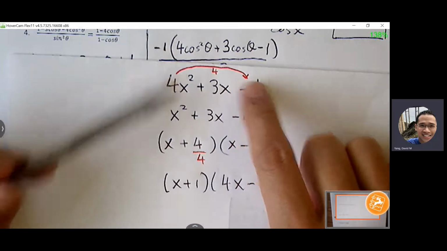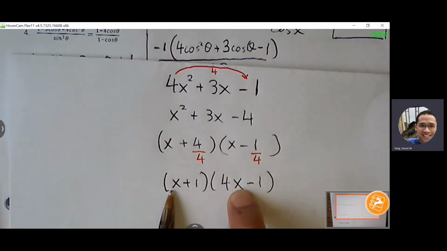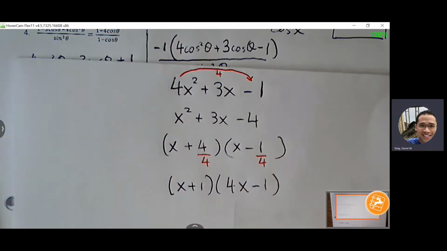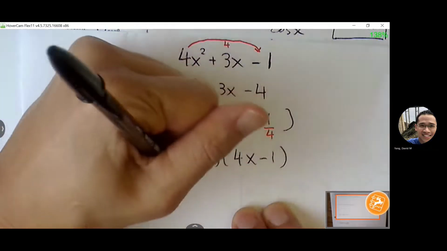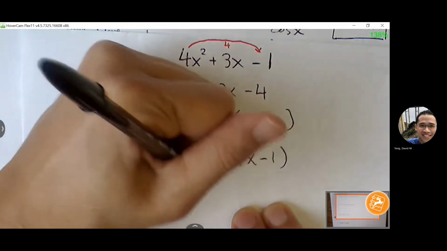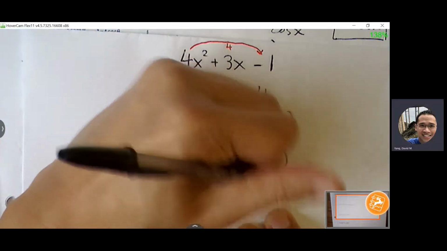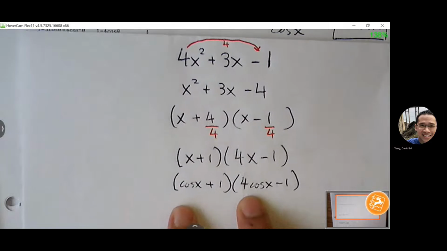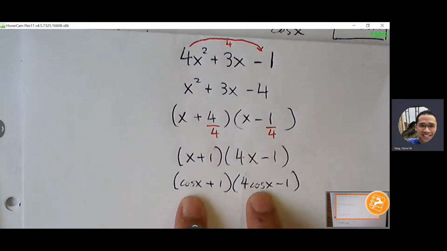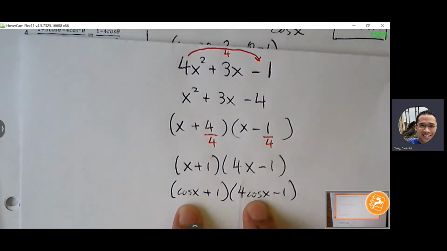So if I do factoring in terms of cosine, I can just replace x with cosine. So you can always do that. If you recognize it's a factoring problem, maybe you want to factor in terms of x, and then once you get that, you bring that trig function back in. Okay. If that feels easier, then you're welcome to do that.